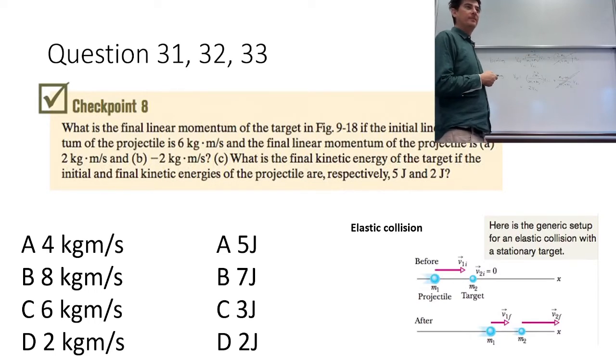Yes. See, told you, not a trick question. So initial momentum is 6, because that's 6, that's 0, and we're told that's 2, right? So that's 4. Okay, so what if this one was minus 2?